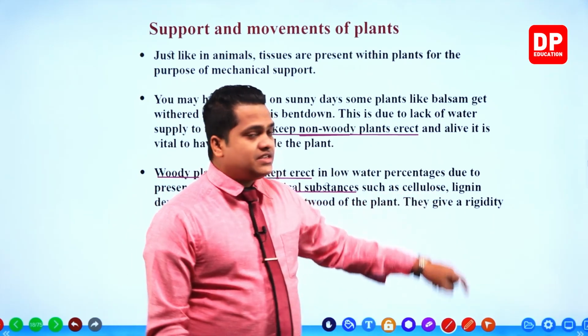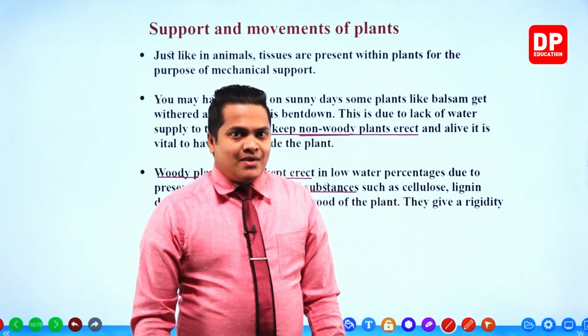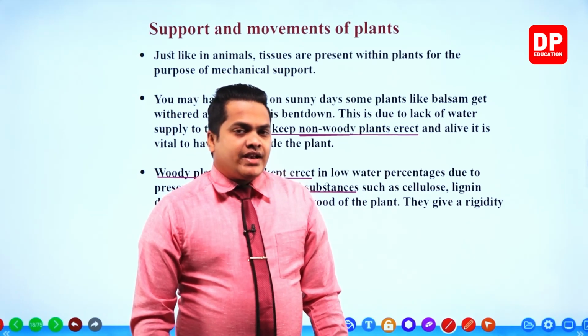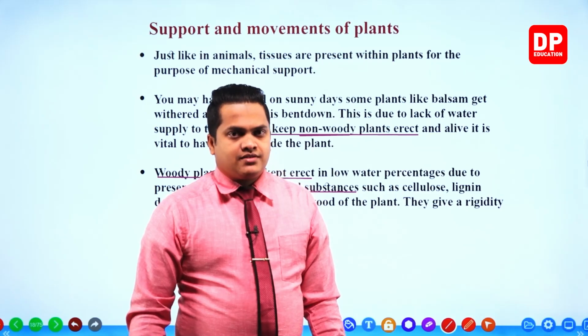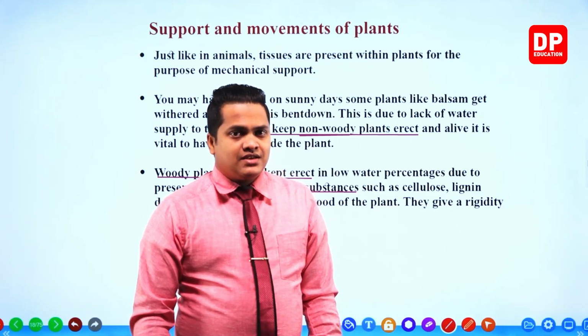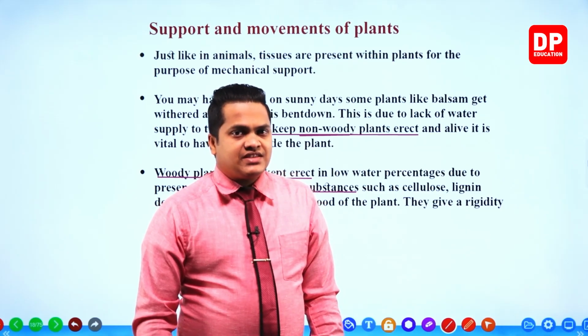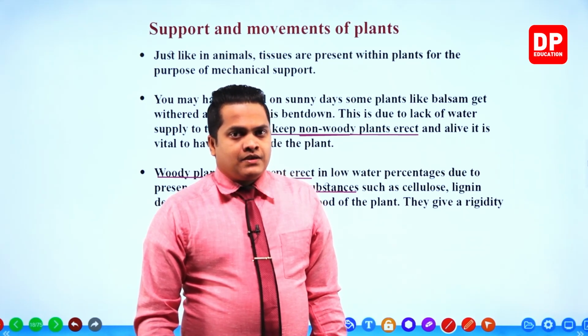Cellulose is a special kind of chemical substance contained within the cell walls of cells. Especially in plant cells, the cell wall is made up of cellulose. So the plant stem is made up of cellulose fibers. That is why it is that rigid.